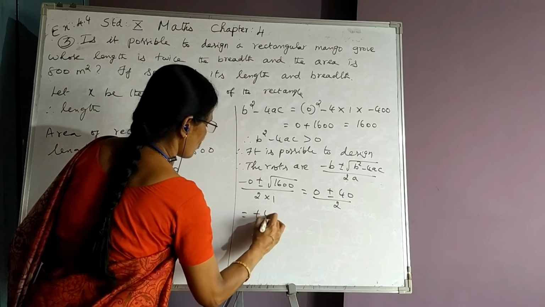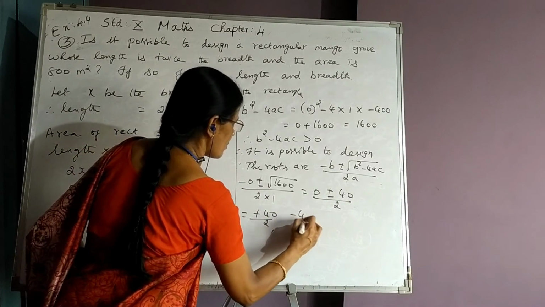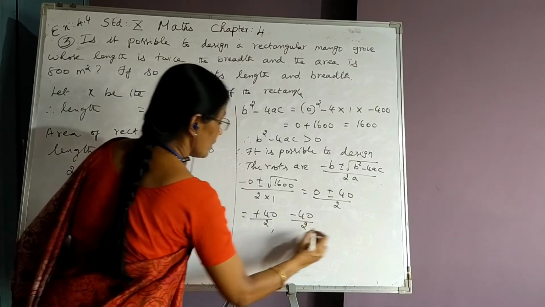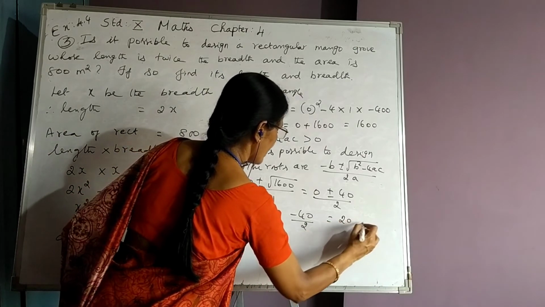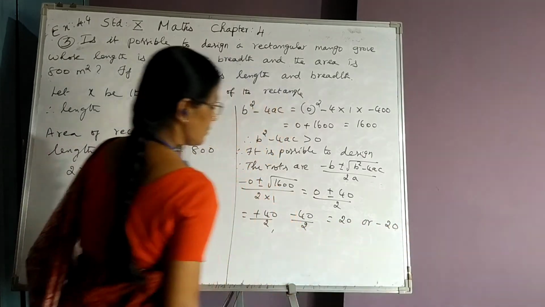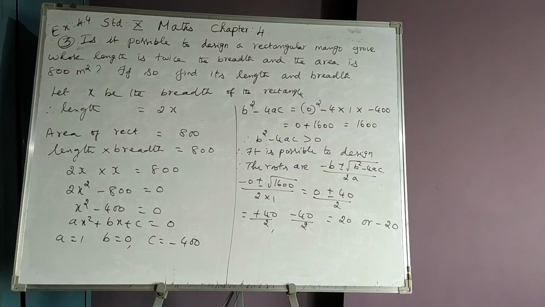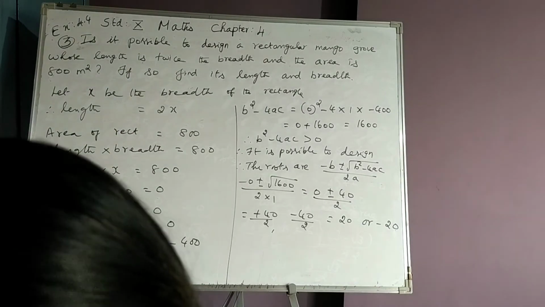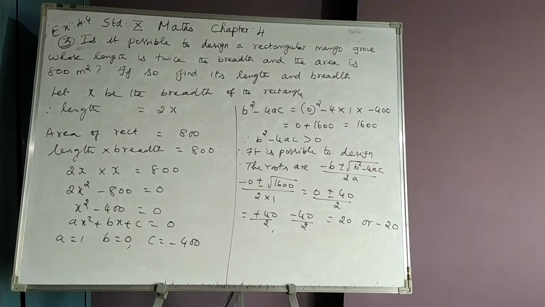Therefore, 40 upon 2 and minus 40 upon 2, which is equal to 20 or minus 20. So, we are getting the values plus 20 and minus 20.